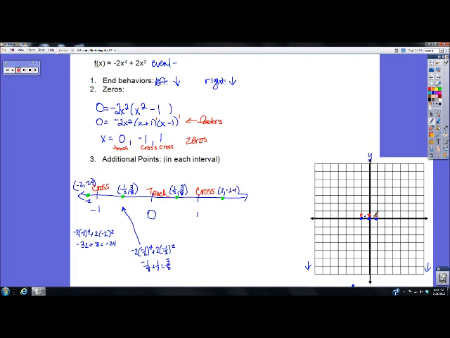So I will have this little point here, and I will have this one down here. So the graph starting down at the bottom, it's going to come up, it's going to cross, touch, and cross, and come back down. So we crossed and touched where we thought it was going to.